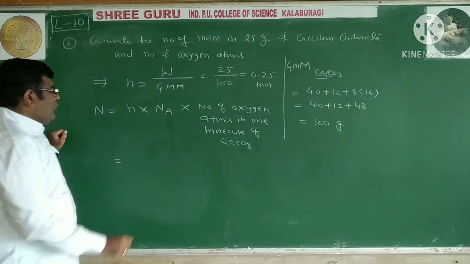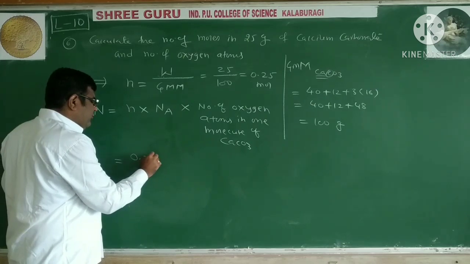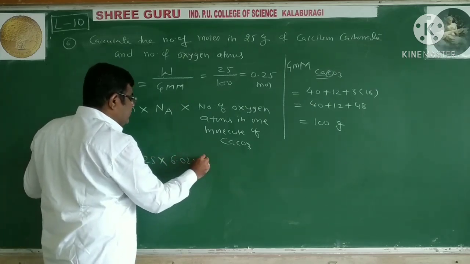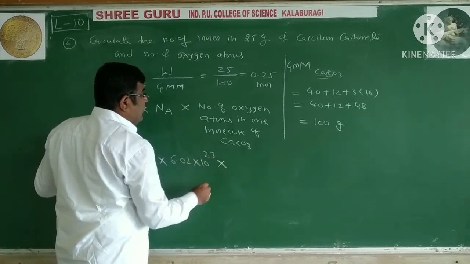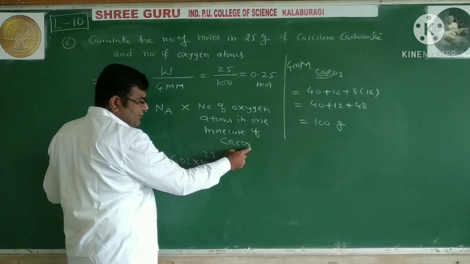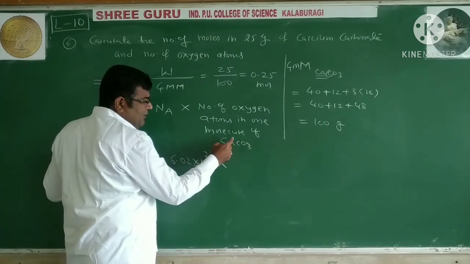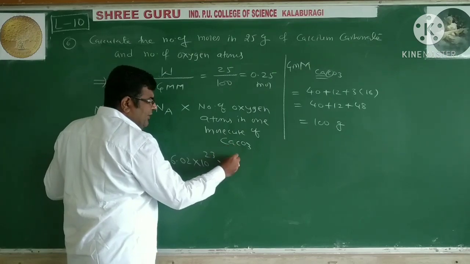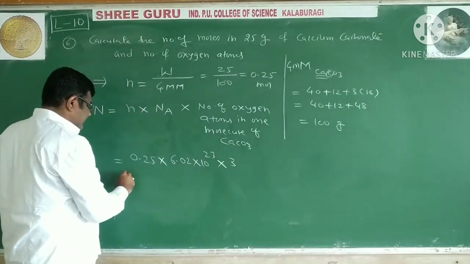So this number of moles we have written 0.25. Avogadro number is 6.02 into 10 raised to 23. And number of oxygen atoms in one molecule of calcium carbonate is 3. Because calcium carbonate contains 1 atom of carbon, 1 atom of calcium, and 3 atoms of oxygen.